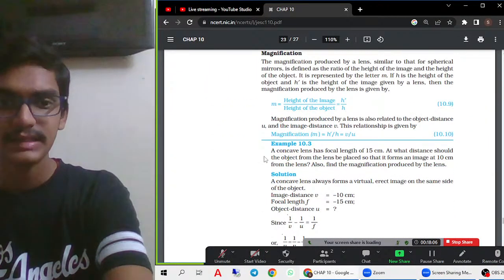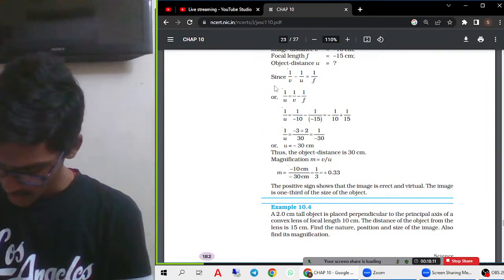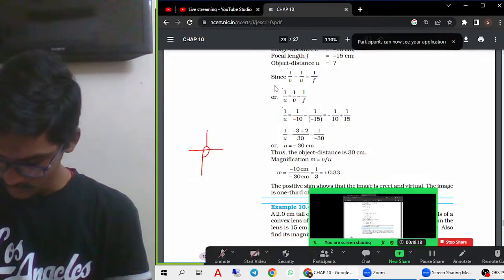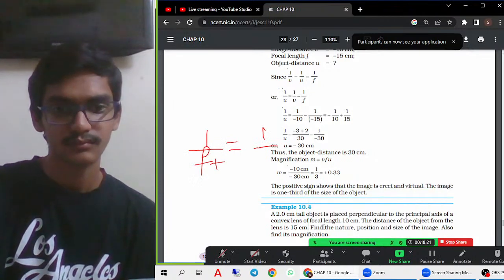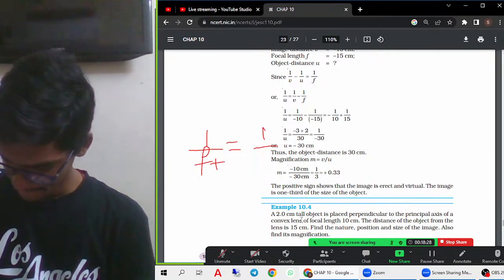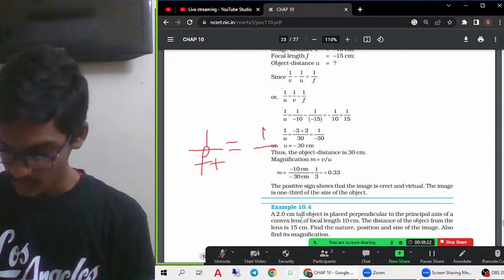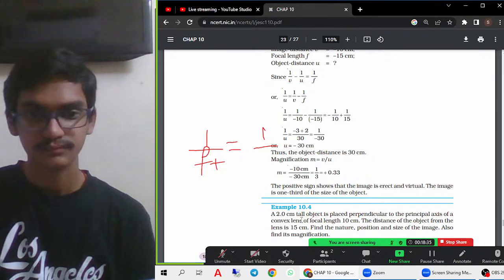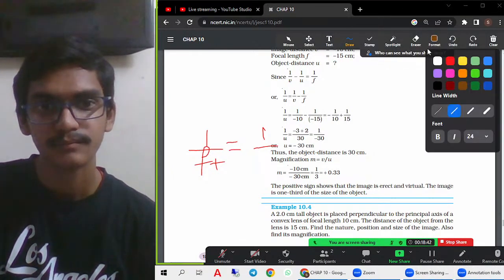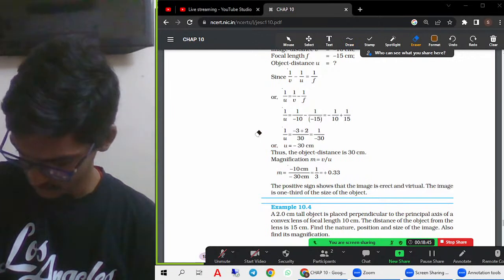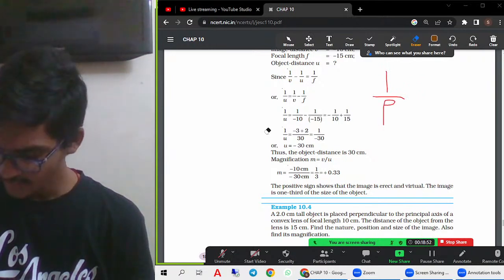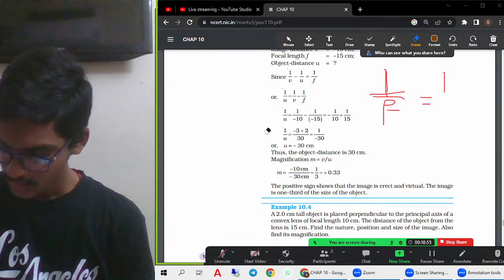For the mirror formula, 1 by f equal to 1 by v plus 1 by u.